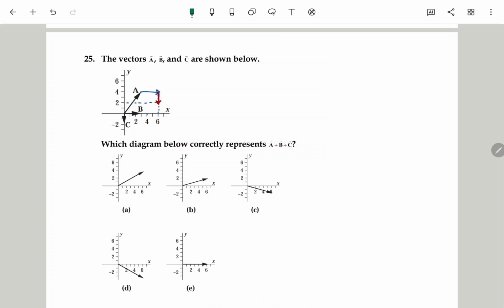The resultant vector a plus b plus c is this one here. Now comparing tail to tail, head to head, it will never be this one, not even this or this. So when you compare, it will be this one right here.